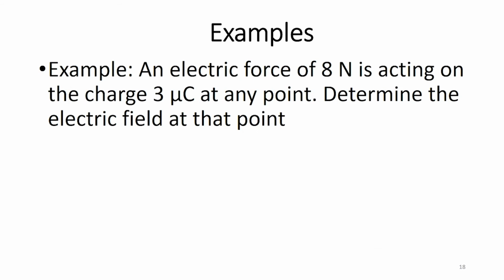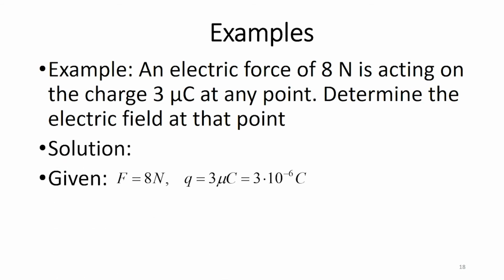Example: an electric force of 8 newtons is acting on a charge of 3 microcoulomb at any point. Determine the electric field at that point. Answer: given F equals 8 newtons, Q equals 3 microcoulomb, which is 3 times 10 to the power of minus 6 coulomb.